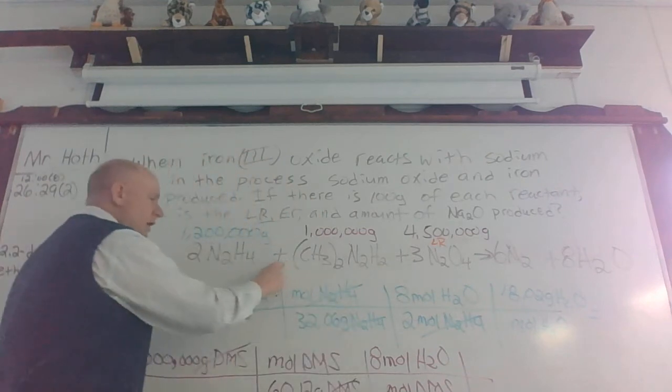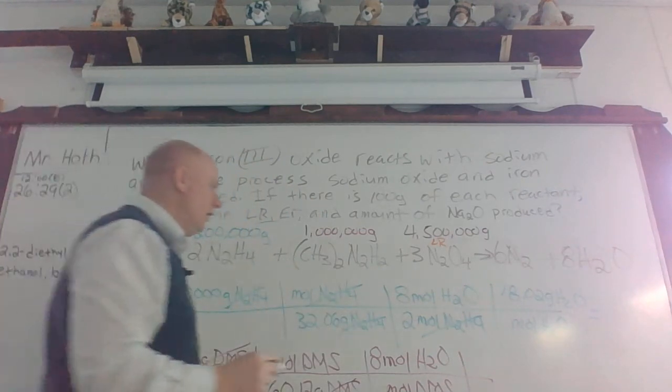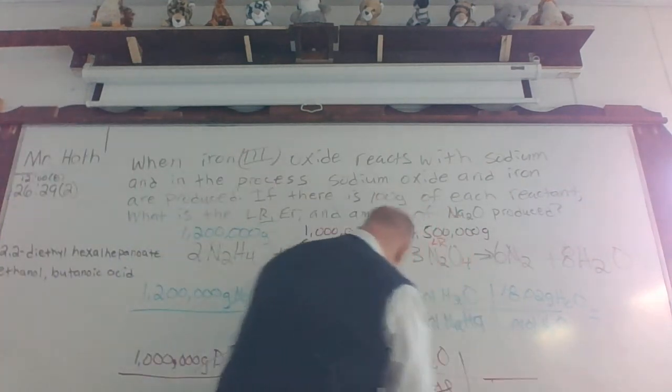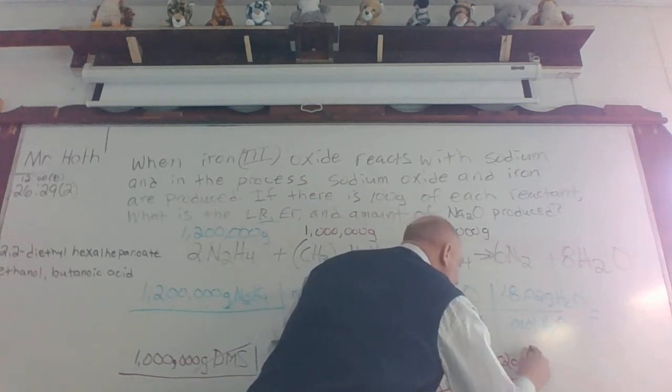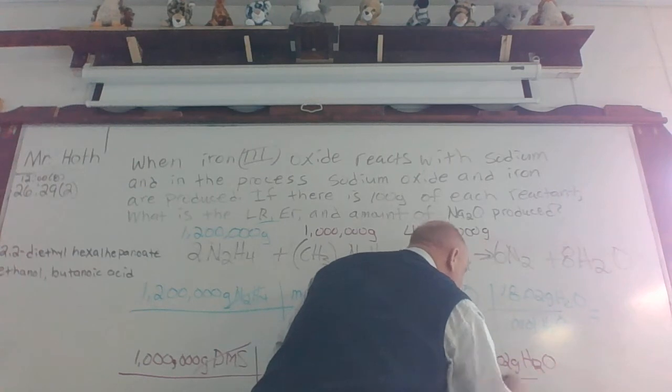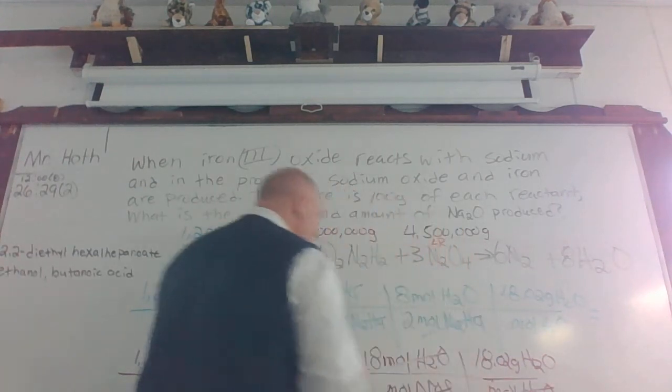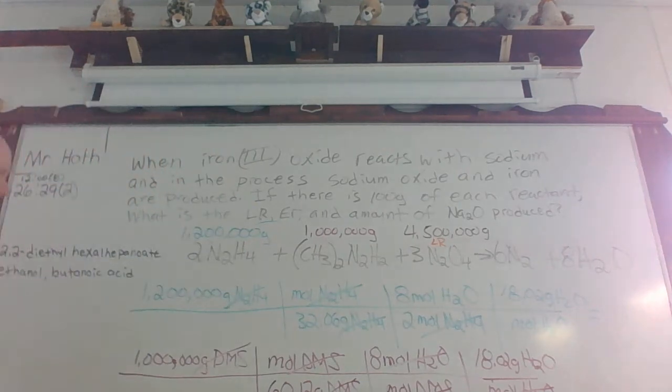We've got a 1 here, so that's good. Then take this times 18. They're gone. Now we're in grams of water again. Okay, now we're really limited for space on the bottom.